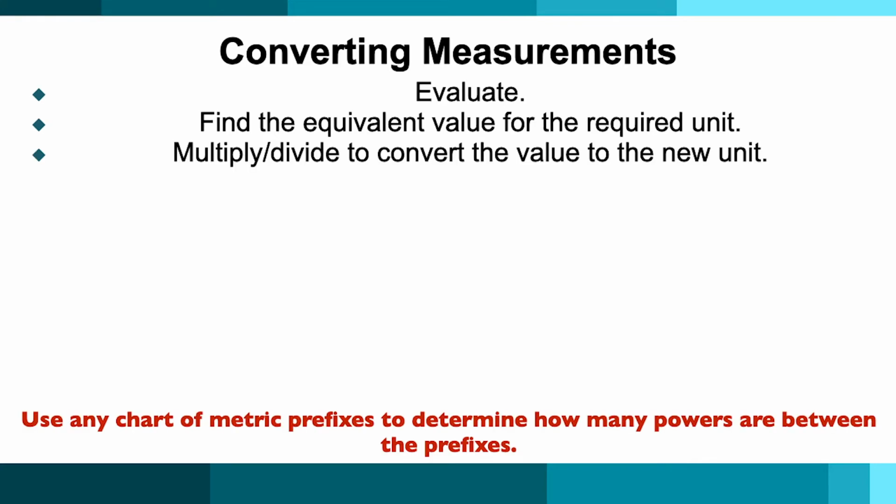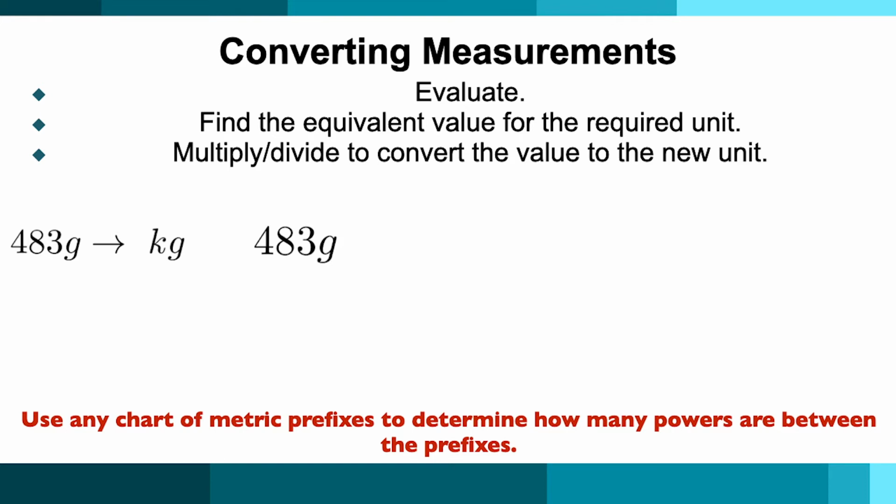What we want to do is take the number and evaluate what unit is given, so that we can find the equivalent unit to the unit they're looking for in the new conversion. Let's start with this example with 483 grams, and they're asking us to convert it to kilograms. I want to figure out how many kilograms are in a gram, or how many grams are in a kilogram.